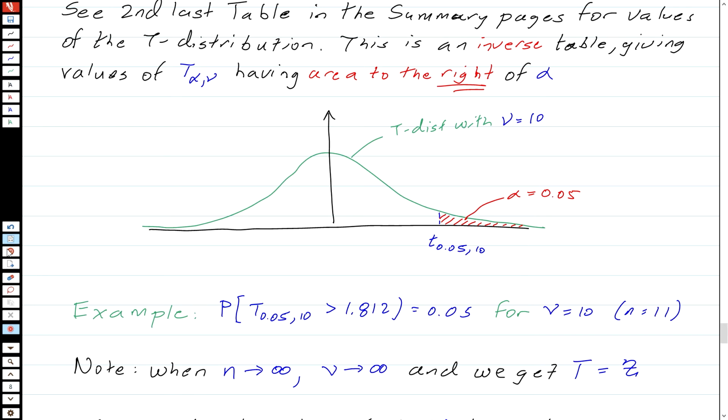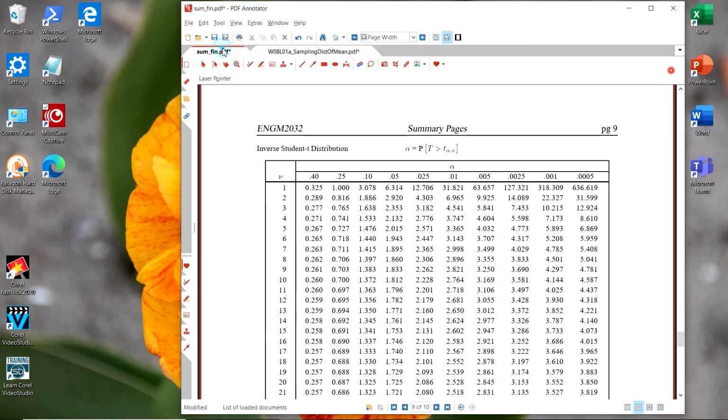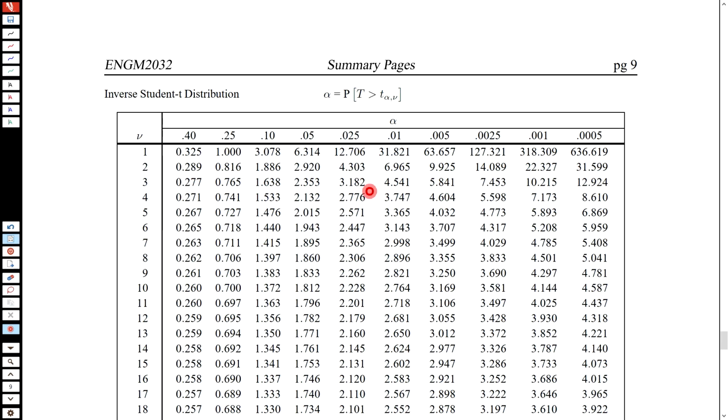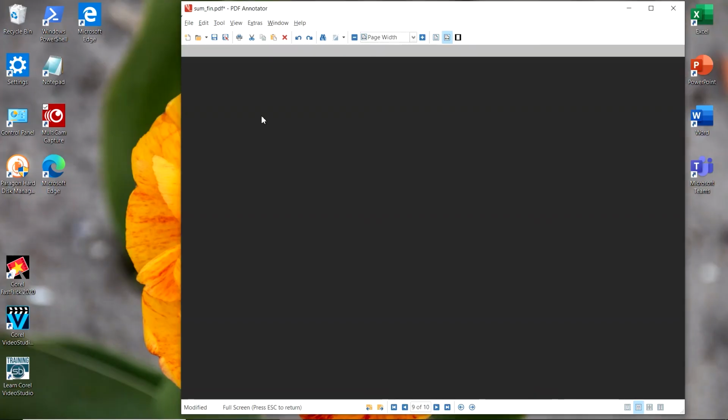So I'll go back to my summary pages. Make this big. And we've got 10 degrees of freedom. Area to the right of 1.812 is 0.05. Okay, so everybody see where that's coming from? Okay. Go back here.